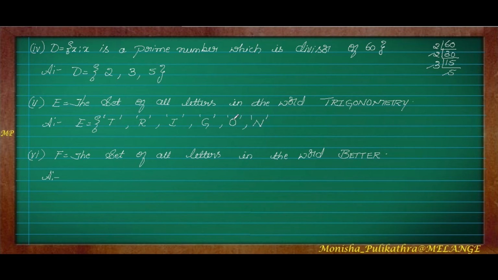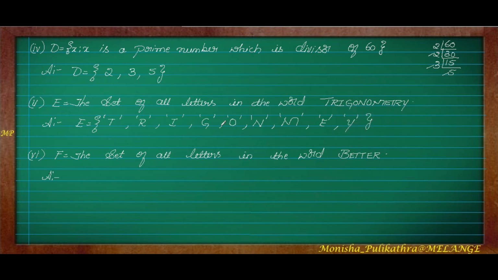O repeats. O is already there. M, we have to write M. If it repeats, don't write it. Okay, E, we have not written E. We can write E here. Next is T. T we have already written. Next R also we have written. Next is Y.